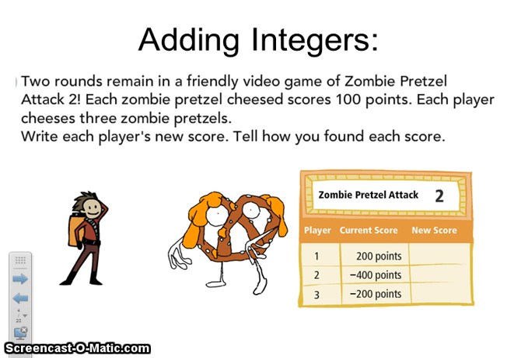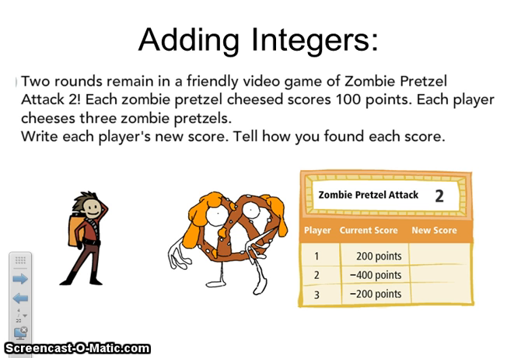If you'd like to pause the video right now and give this example a shot, try to figure out each player's new score, and then continue playing the video because I'm going to go over this example right now. The first player scored 200 points and has earned 300 points.